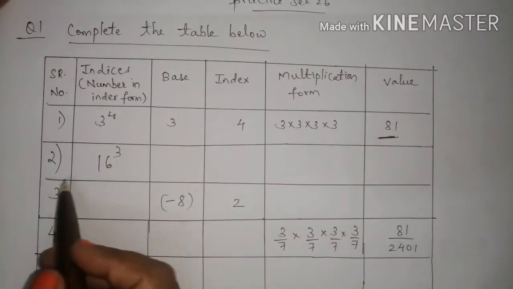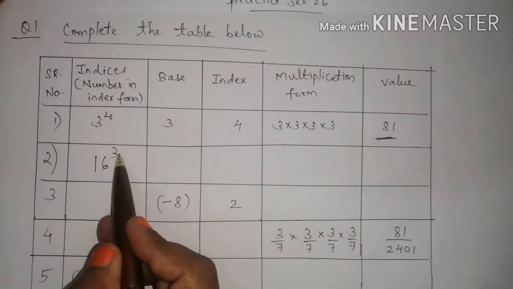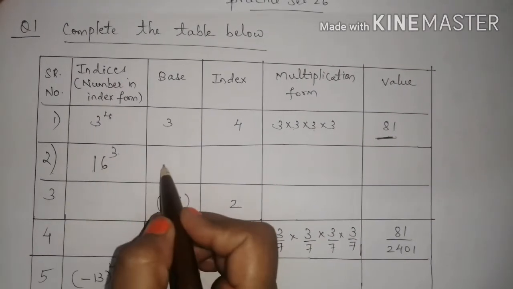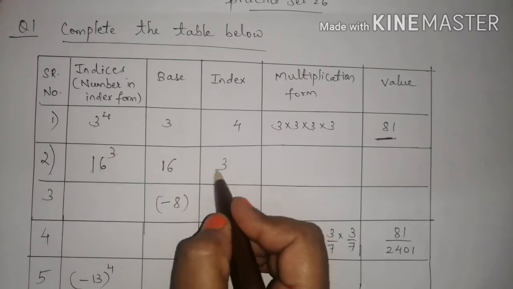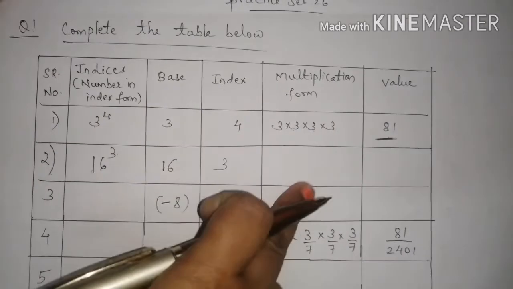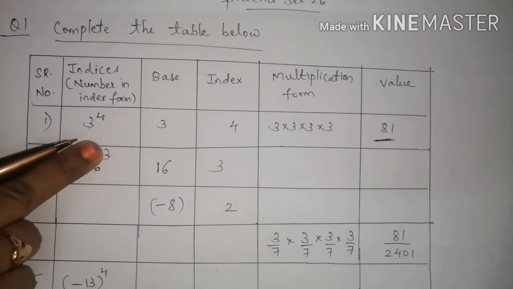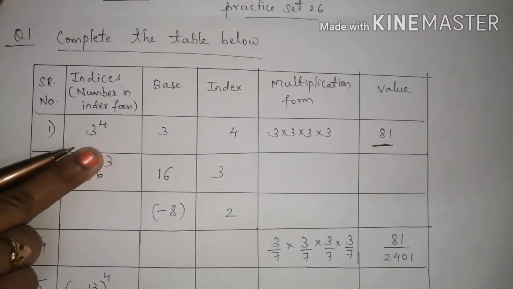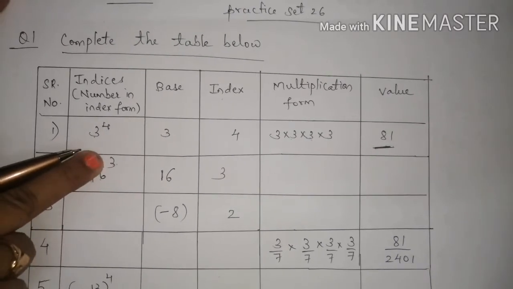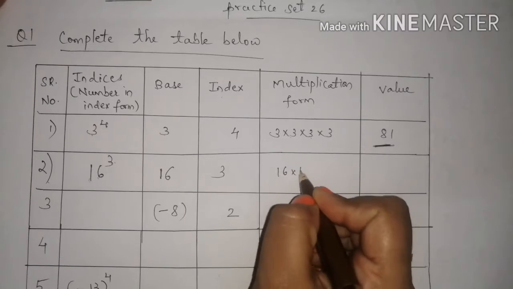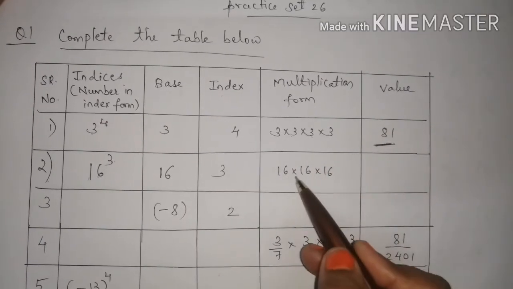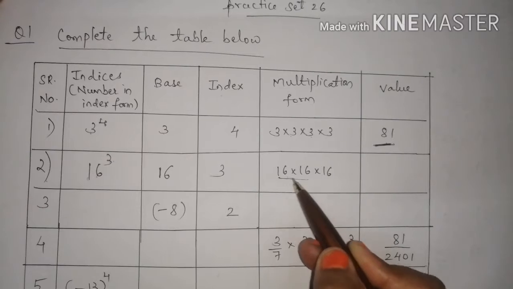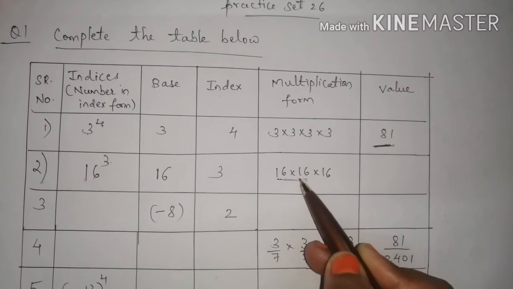So let's do the second one. 16 raised to 3. What is the base? The down number, 16. What is the index? The above number is the index, that is 3. Multiplication form means 16 multiplied 3 times, 16 into 16 into 16. Now we have to find the value. 16 into 16 is 256.